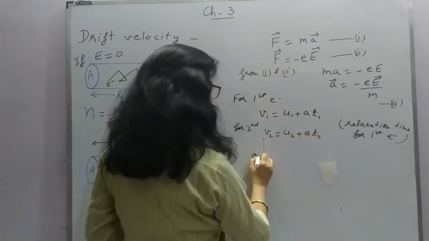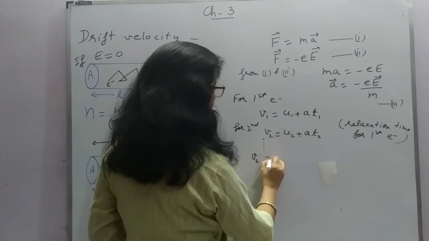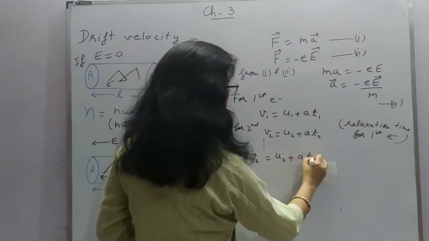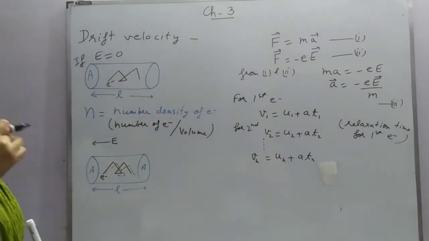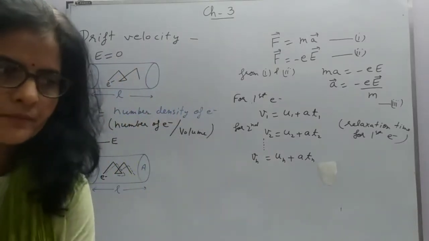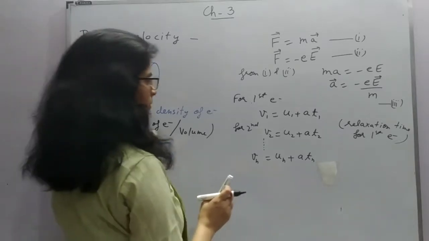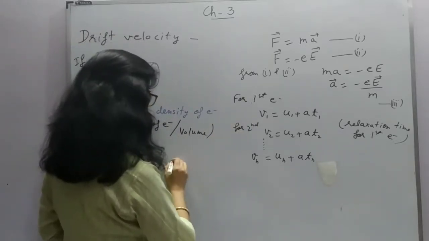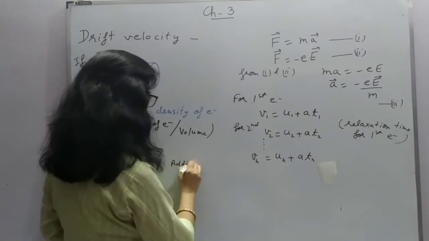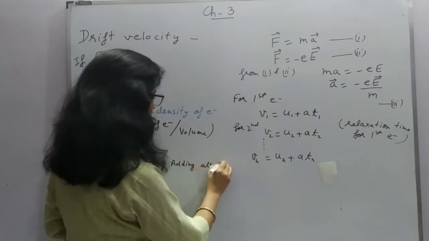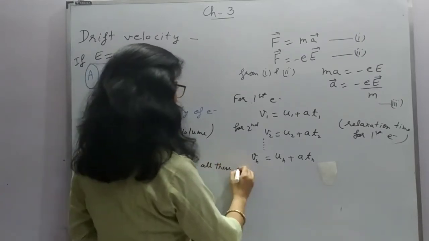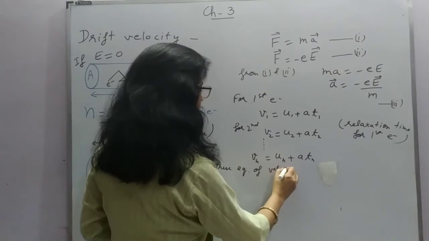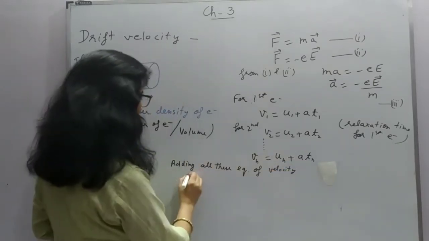Similarly, I can write for all the electrons, and for the nth electron I can write Un plus A Tn. Adding all these equations of velocity, what will I get?